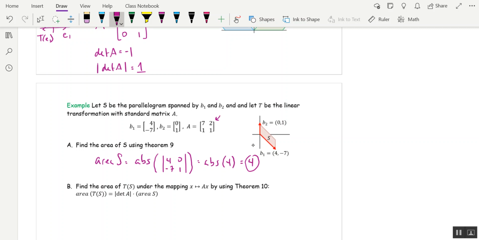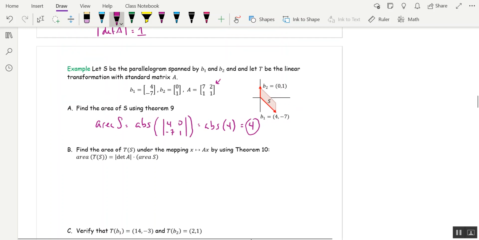Find the area of T of S under the mapping X goes to A times X by using theorem 10. So theorem 10, I'll just remind you, says the area of the new region should be the area of the old region, which is 4, times the absolute value of the determinant of the standard matrix.